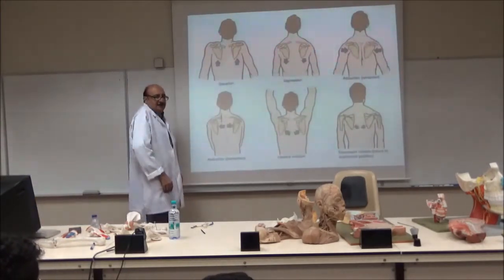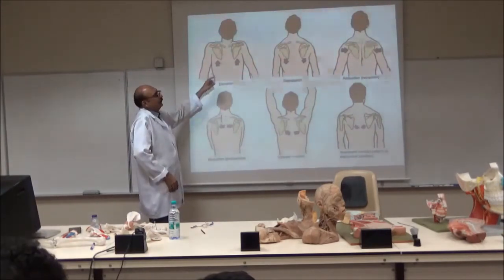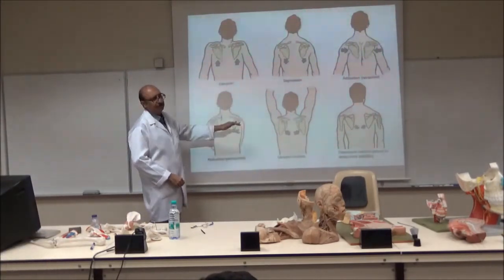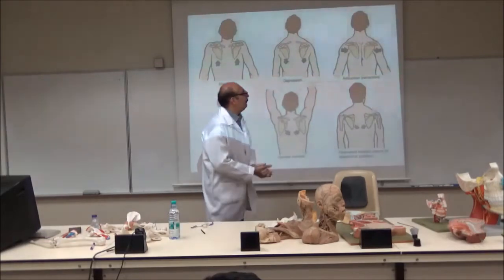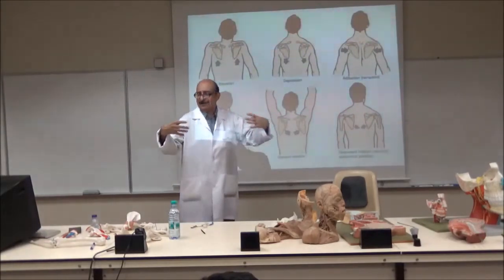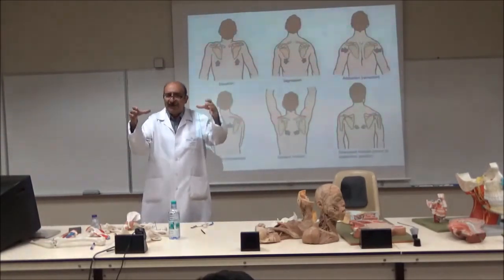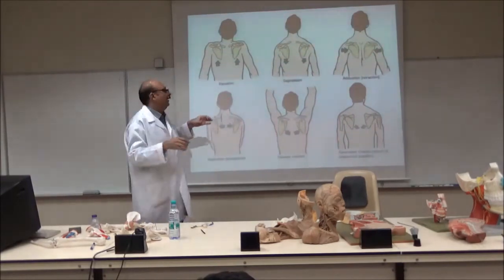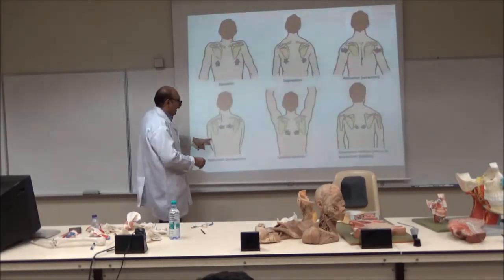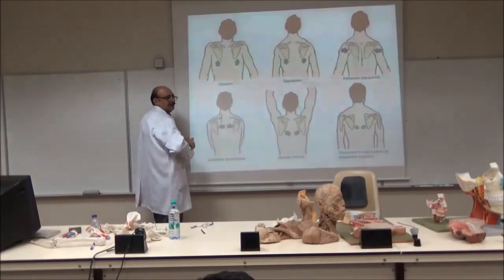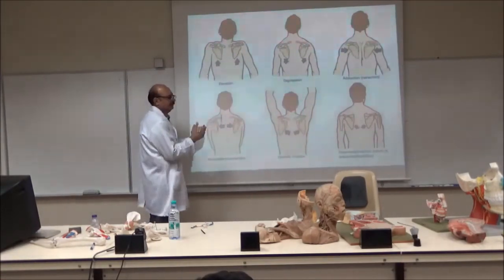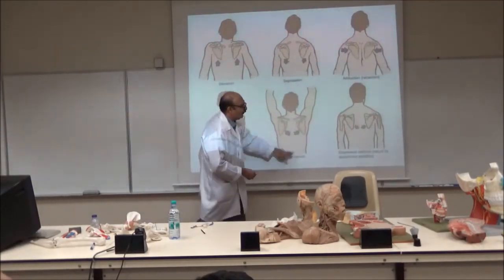Elevation of scapula, depression of scapula, down. Adduction is when both the scapulas are moving inward, like this. And abduction or protraction is when both the scapulas are moving in opposite directions. This is upward rotation, this is downward.